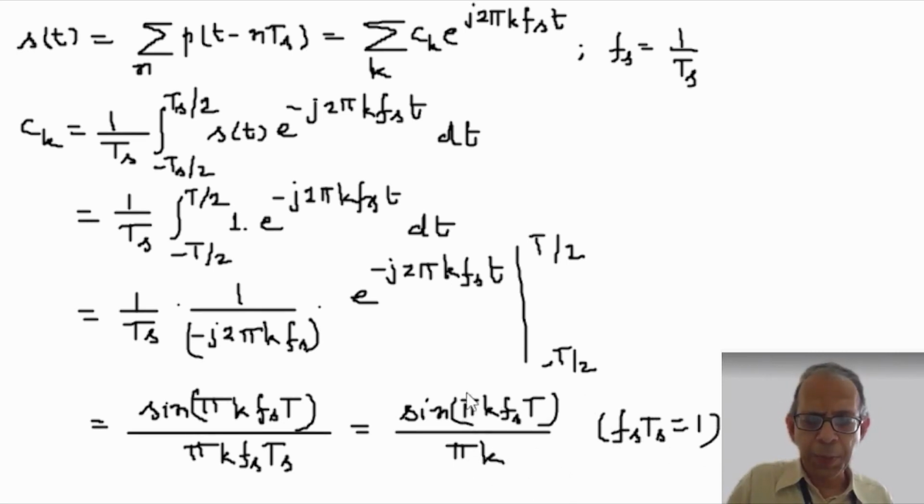By multiplying the numerator and denominator by fs into T, we can express ck in the form of a sinc function. Let us do it.